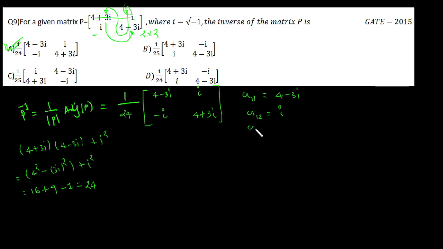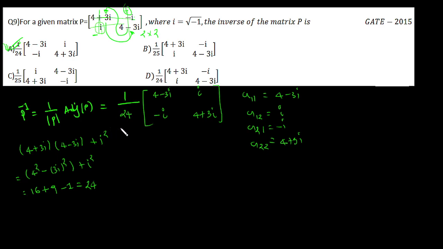So we have i. Okay, the minor of 1 2, we delete this column and this row, so we simply get minus i. And the minor of 2 2, we delete the second row and second column, so we are getting simply 4 plus 3i. Now we multiply it with the sign factor to find the cofactor, and we take the transpose. Then we get the adjoint of this matrix. You still get the same matrix.